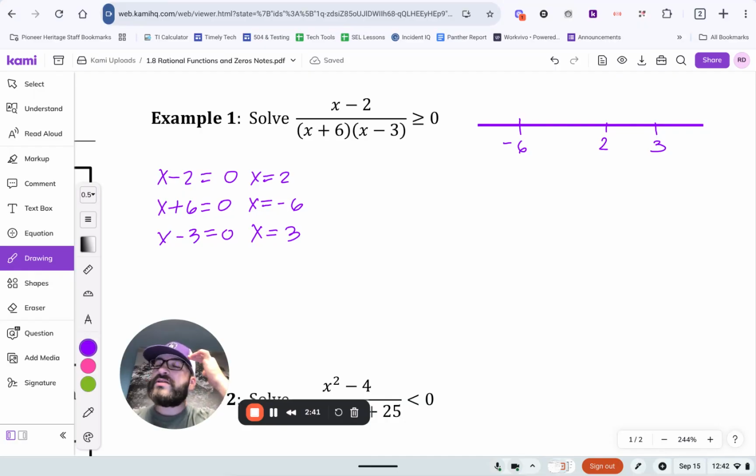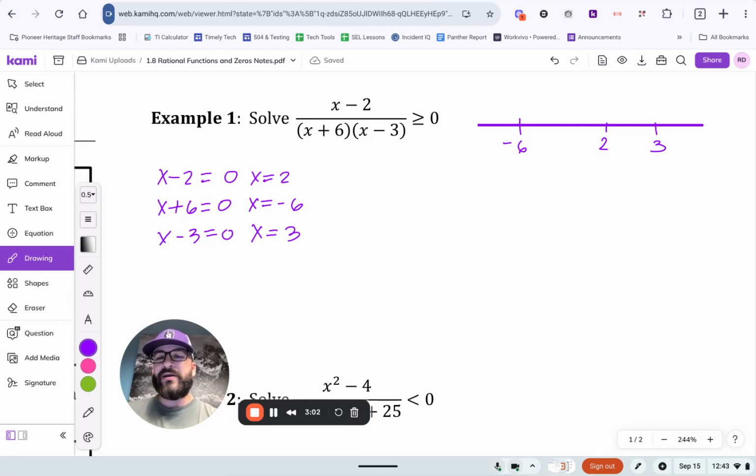But what's important to remember about rational functions, because if you don't already notice, this is greater than or equal to 0. So typically, when it's greater than or equal to 0, when we get our intervals at the end, we would want to include any endpoints where we could also equal 0.